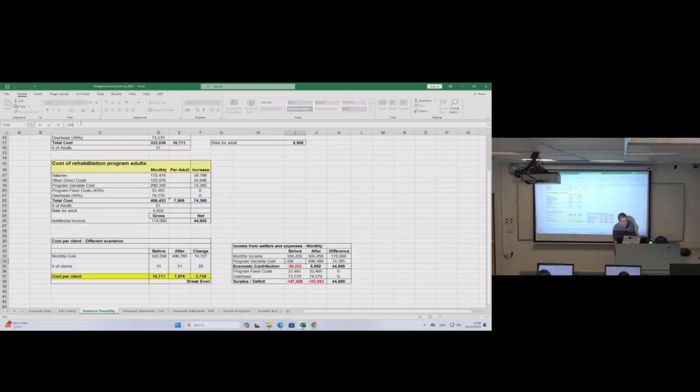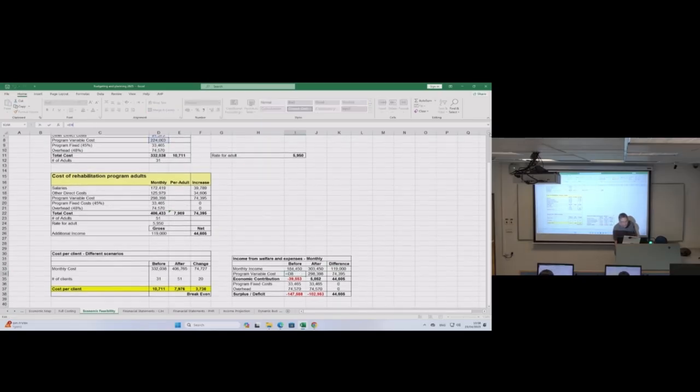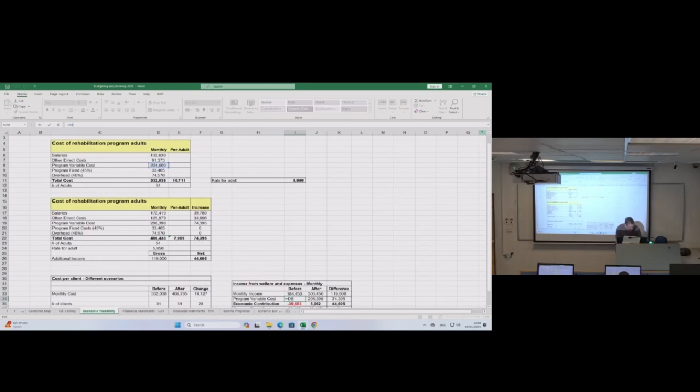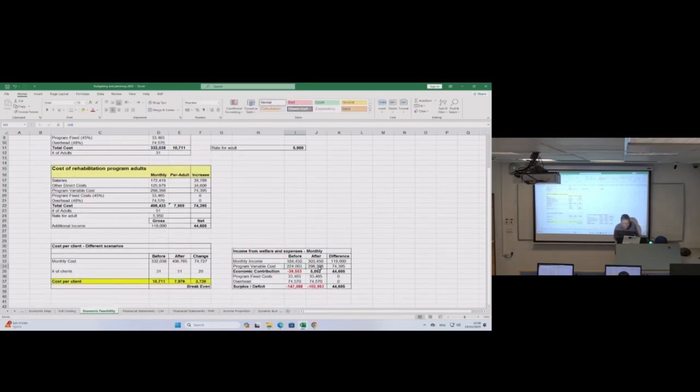Expenses. Okay, so we had the expenses before 224, the expenses of the after, okay, the program variable. So expenses increased by 74. There was no change in the program fixed. These are the infrastructure and the overhead in our economic map.